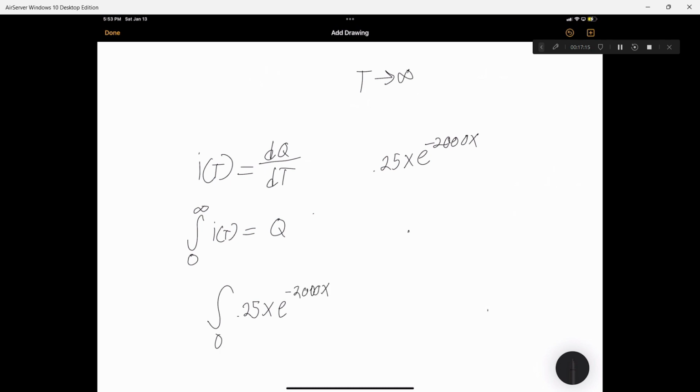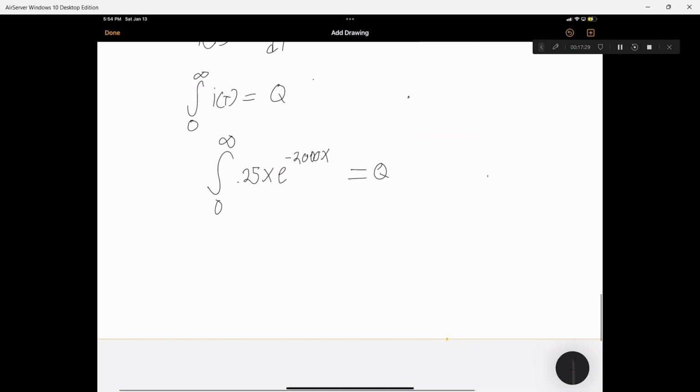The integral from 0 to infinity is equal to the charge, whatever our charge is going to be as t approaches infinity. So how do we solve this? First, we need to integrate. How they do in the problem is they substitute certain values, like negative 2,000. We can substitute that for a, integrate, and then plug it back in, and we can pull 0.25 out, because that's a constant.